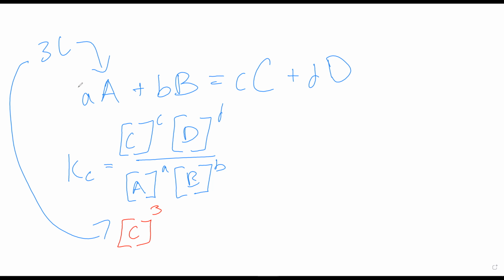So let's take a look at question 1 of the review. We have a formula like 2SO3, which is a gas, in a reversible reaction to become 2SO2 plus O2.